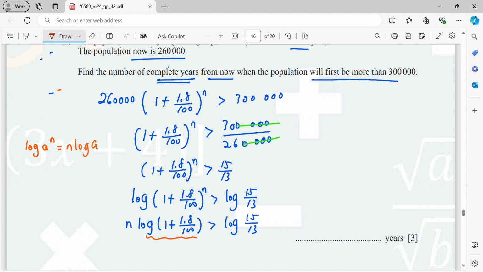This log is positive. Alright, so when it is positive, when you move down, no need to change the inequality sign. So the inequality sign remains. Unless this log value is negative, then when you move it to the right side, you have to change the inequality sign. Instead of more than, you change to less than. That means now n is less, we do not change. So it remains as more than.